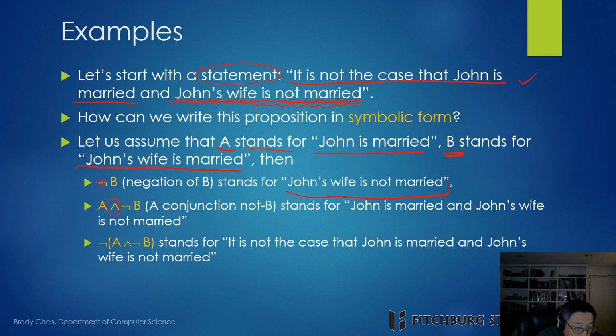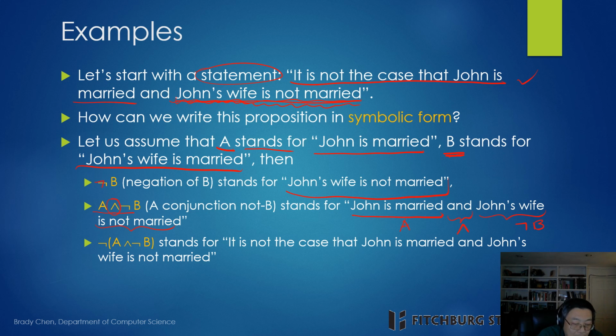So this stands for John is married, that's A, and that's the conjunction, John's wife is not married, that's negation of B. So A, conjunction, negation of B basically stands for John is married and John's wife is not married. But that's still not the same as the top statement. It's closer, but the top statement says it's not the case.